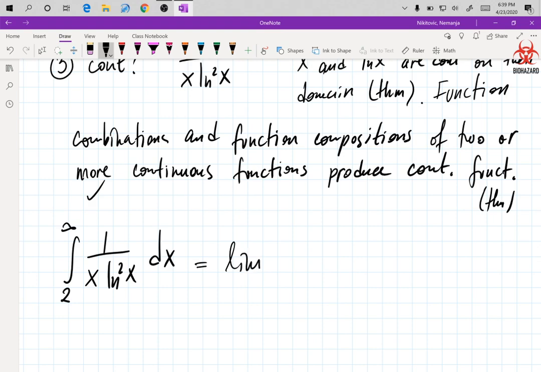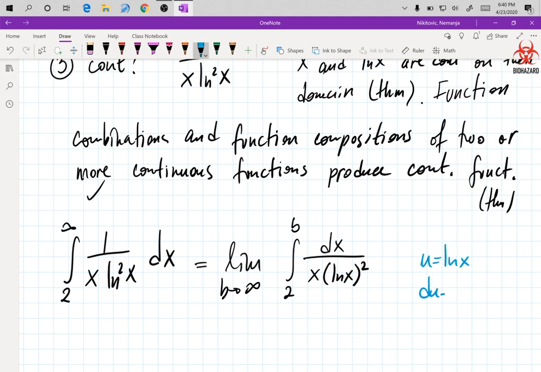So we go limit b goes to infinity, integral 2 to b of dx over x times ln x squared. This is a basic integral, right? Because we have a basic u-sub, u equals ln x, du equals 1 over x dx.